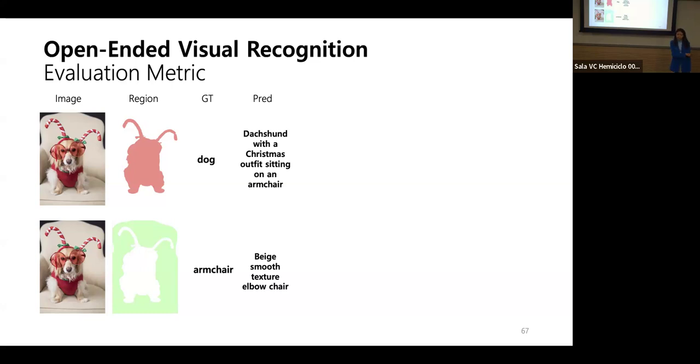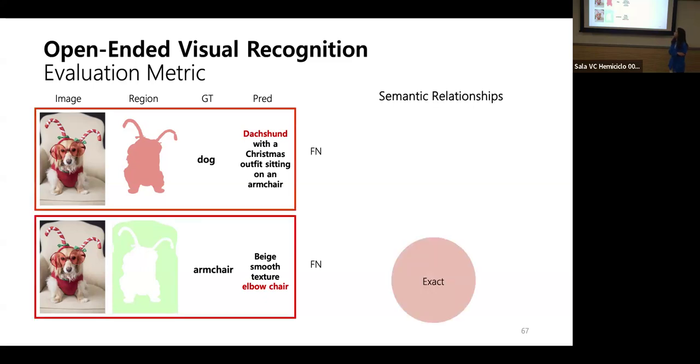The first thing that we are going to do is to extract the noun phrase or the subject of these descriptions, and then considering different semantic levels, we can determine if this noun phrase is a false positive or a true positive according to the ground truth label that we have. So for example, in this case, for the exact matches, we didn't have a match for any of the segments, but for synonyms, we can say that armchair is a synonym of chair. So now this is considered a true positive.